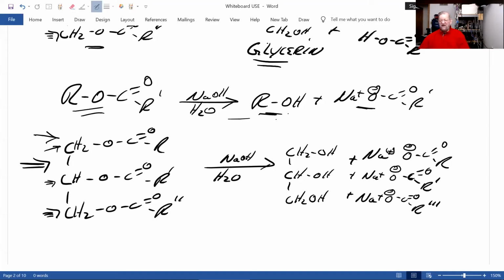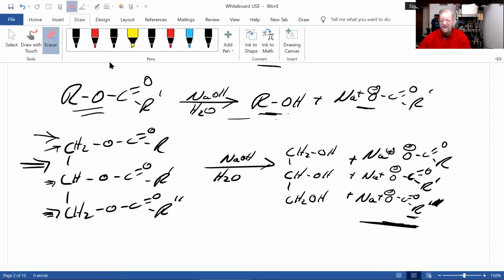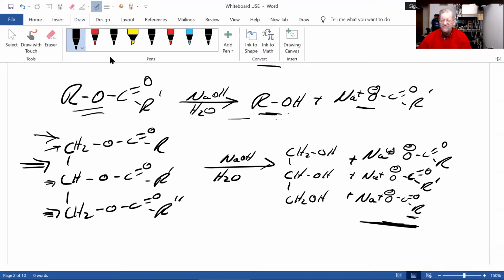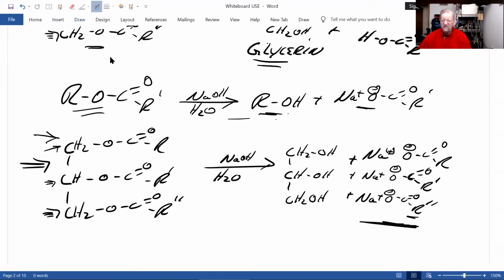Why saponification? Because these carboxylate anions, when R is long, say 12, 14, 16, really 18 carbons, are called soaps.